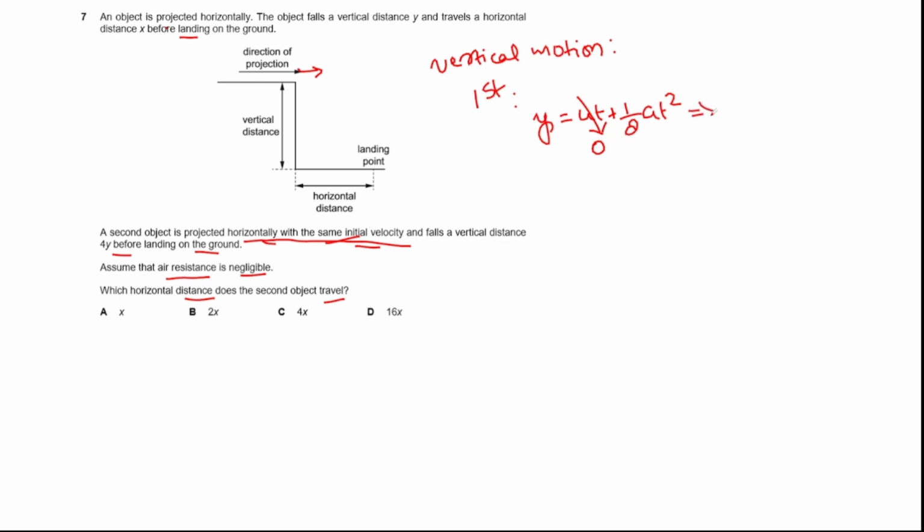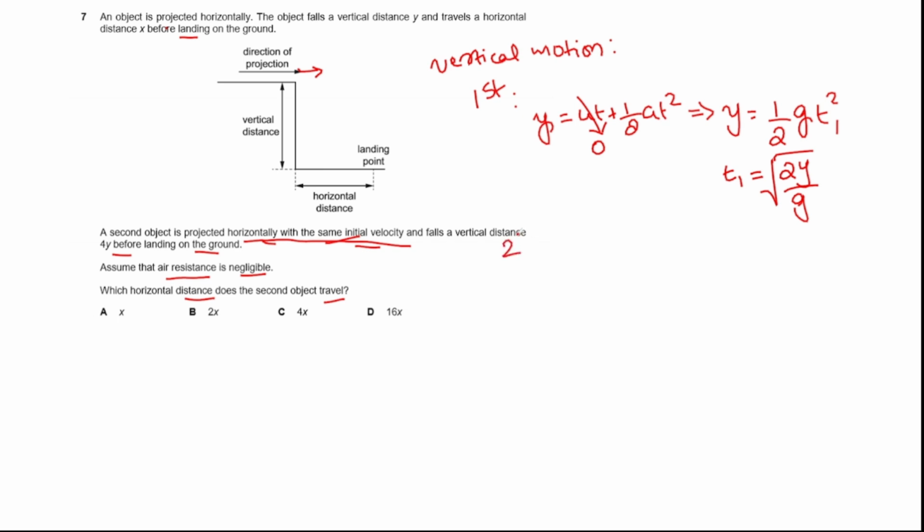So the formula goes like y is equal to half g t squared, where the acceleration is the acceleration due to gravity. Let's consider the time taken for the first object to be t1. After rearranging, you will get t1 is equal to root of 2y divided by g.